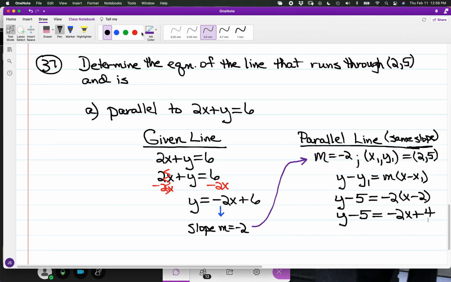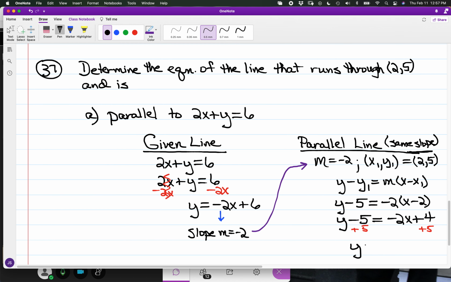Upon getting y by itself, we have adding 5. And so for the slope-intercept equation of this line, we're going to have y is equal to -2x plus 9.